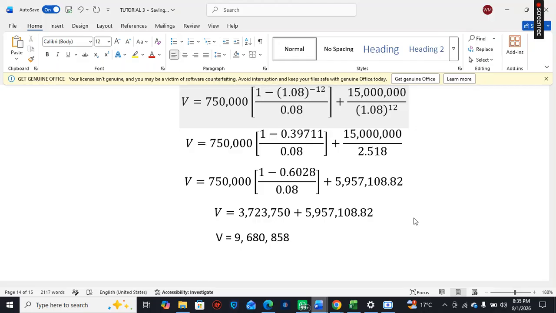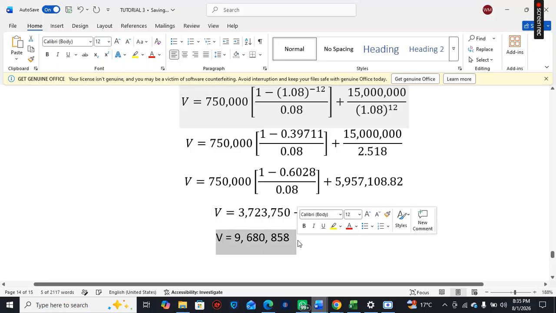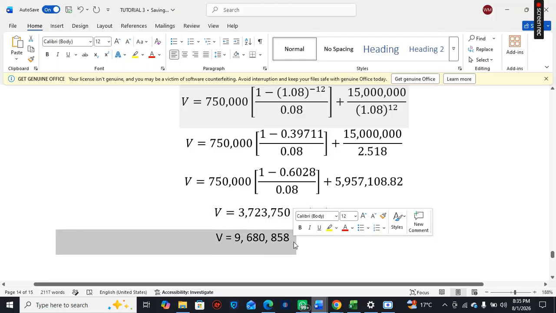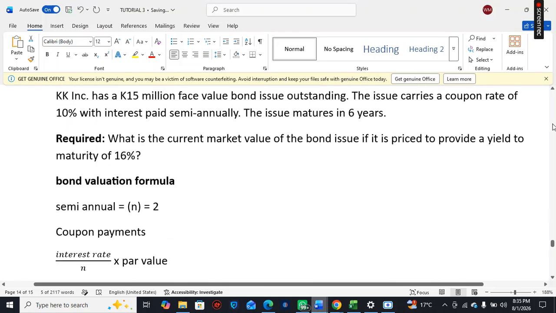Okay. So this is how much the bond should go for. You pay this amount and your yield to maturity, the total return you get until the bond matures, will be 16%.